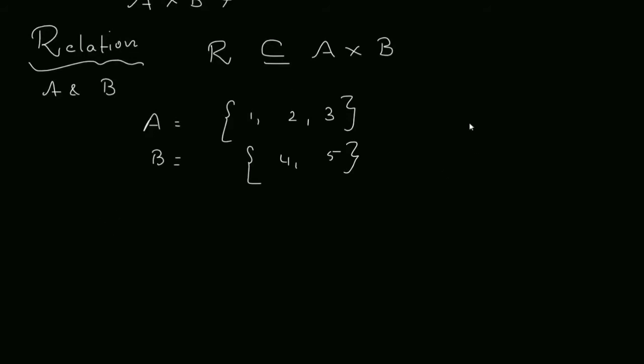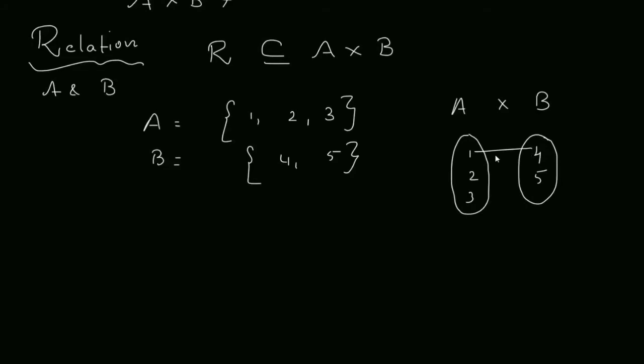You know what is A cross B. All the possible ordered pairs: (1, 4), (1, 5), (2, 4), (2, 5), (3, 4), (3, 5).